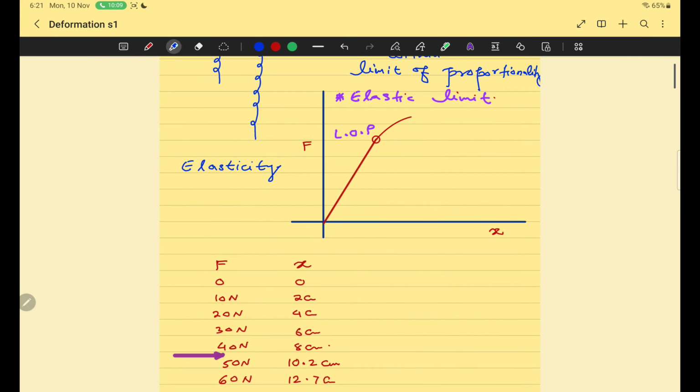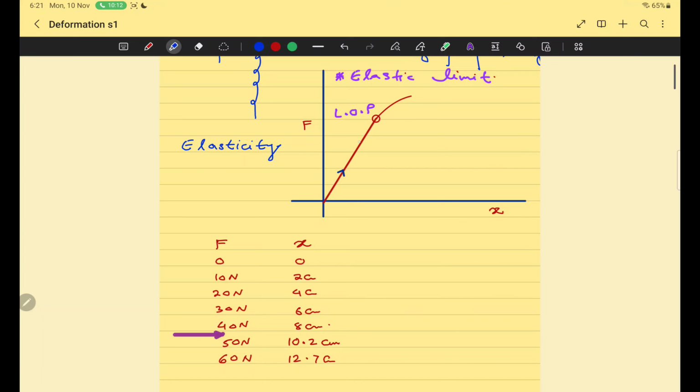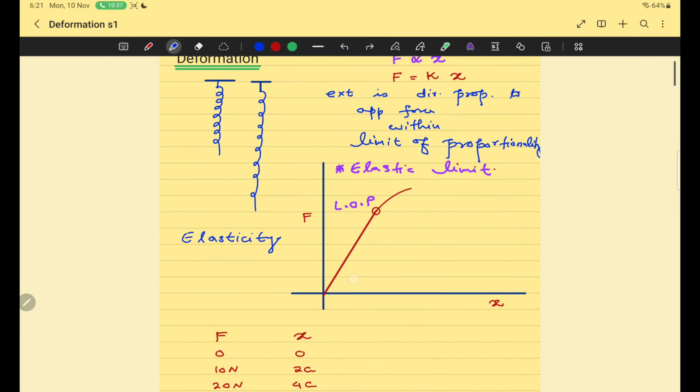If you are increasing force, then the graph is like this, and if you decrease force, then the graph is the same. If the graph of increasing load and graph of decreasing load is the same, it means the spring has not crossed the elastic limit.